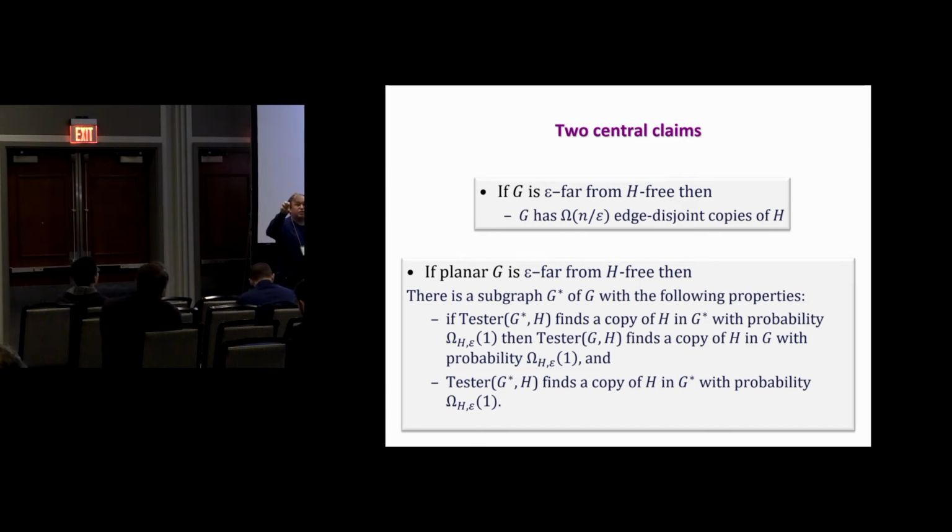The probability will be lower, but it will be lower by a constant. And the second thing is that the tester, this BFS exploration algorithm, will find a copy of H with constant probability in this graph G prime, G star.